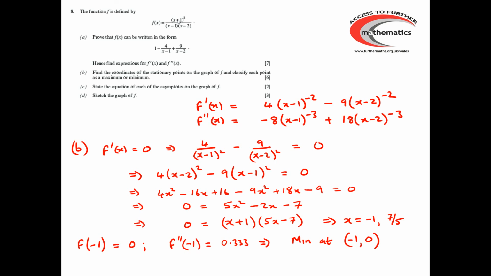On the other hand, if x is 7 over 5, then we have f of 1.4, or 7 over 5, is minus 24. The second derivative at 1.4 is a negative number, which means we have got a maximum at the point (1.4, minus 24).